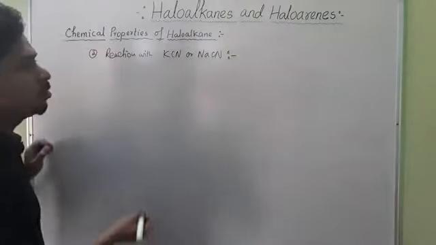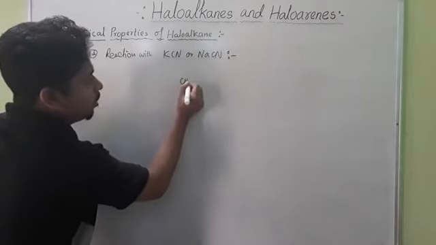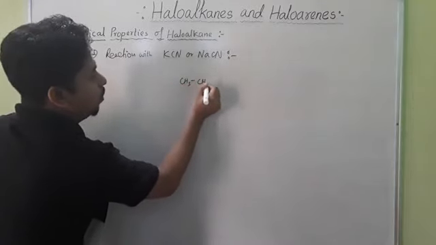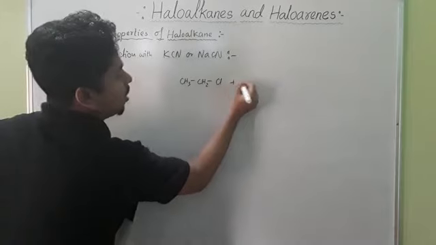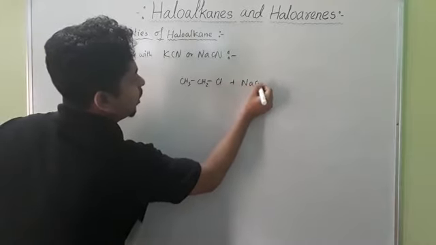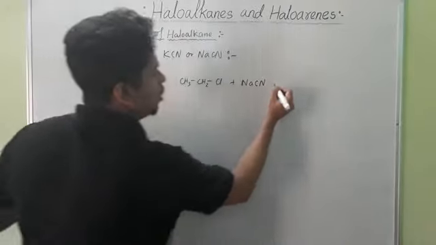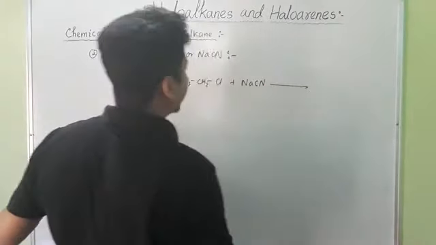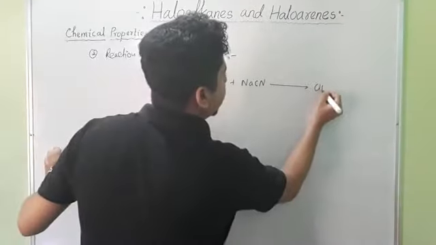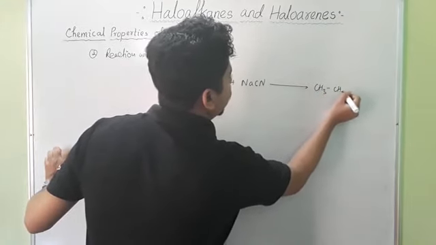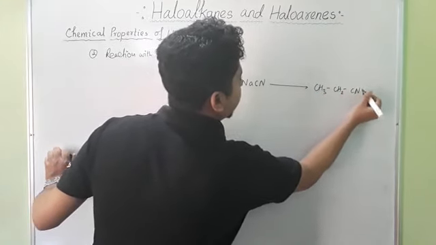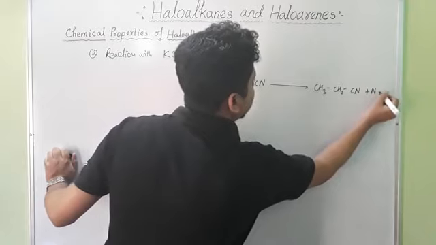So let us consider one reaction. Suppose CH3-CH2-Cl plus sodium cyanide, NaCN. It will give CH3-CH2-CN plus NaCl.